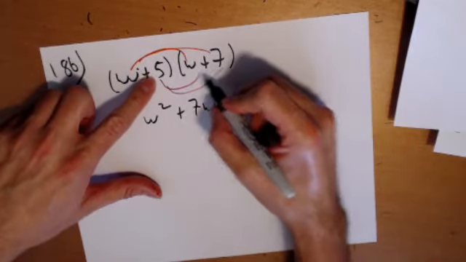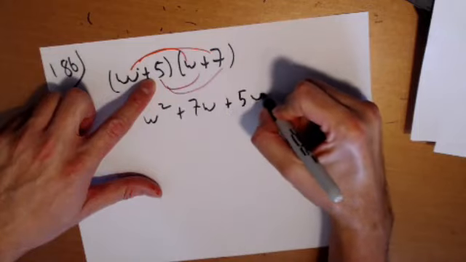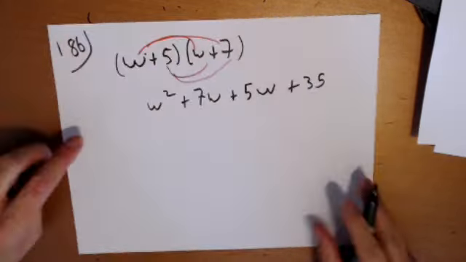Now the 5, so plus 5w, plus 35. And notice that those guys are the same, so that's w squared plus 12w plus 35. Ta-da! Easy peasy.